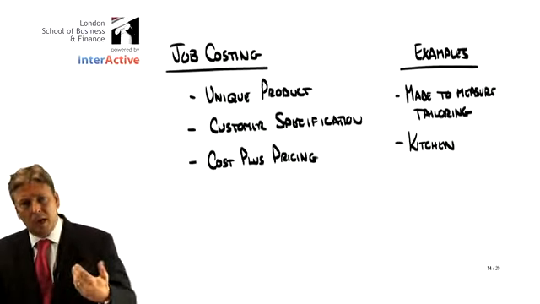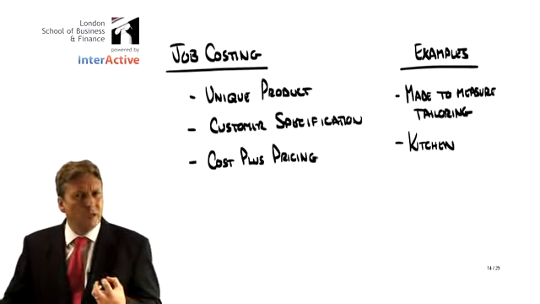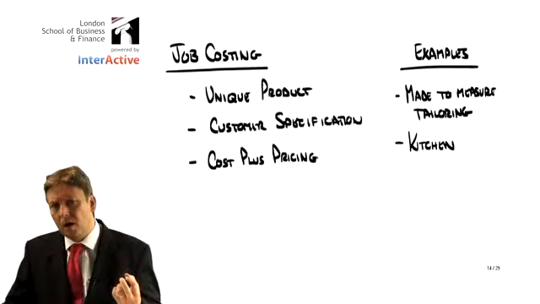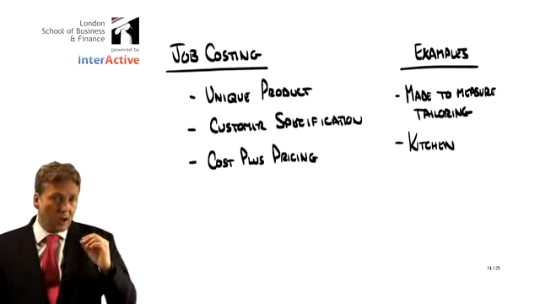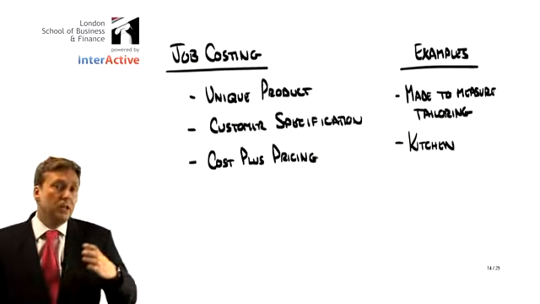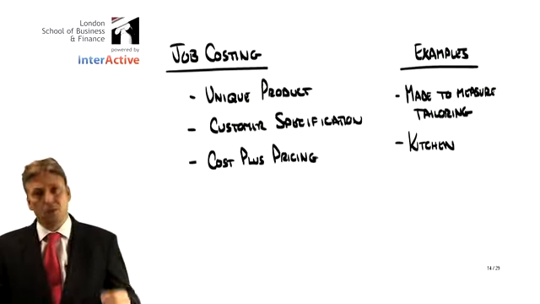Because when we looked at absorption costing, we were assuming that it was a job costing type environment. So the maths associated with job costing is going to be more related to dealing with margins or markups than anything else. And of course, that has already been done.